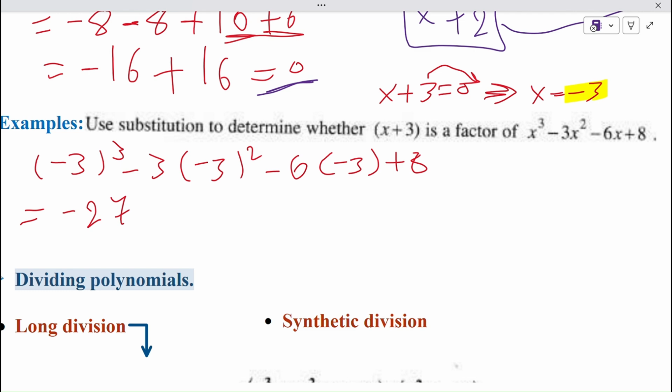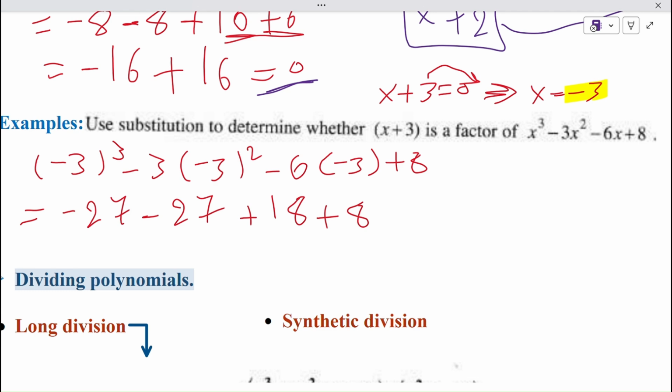Here again, 3 times 3 is equal to 9, right? Minus 9 times 3 is equal to 27. Minus times minus is equal to plus. 3 times 6 is equal to 18 plus 8.